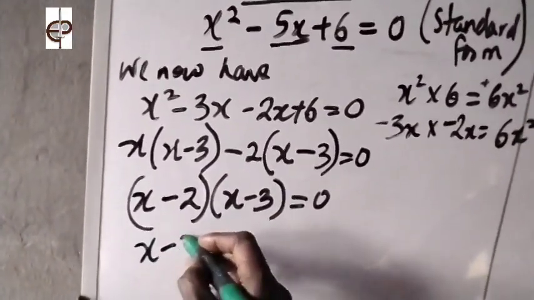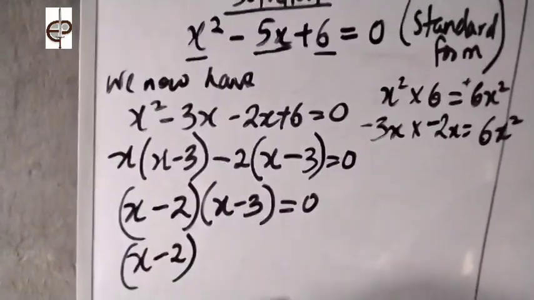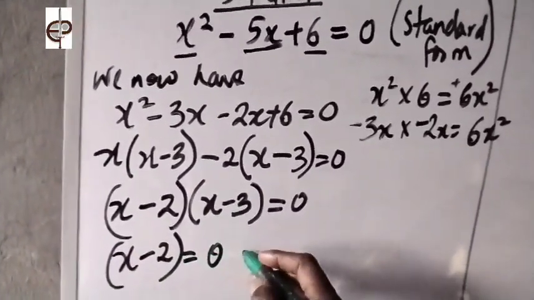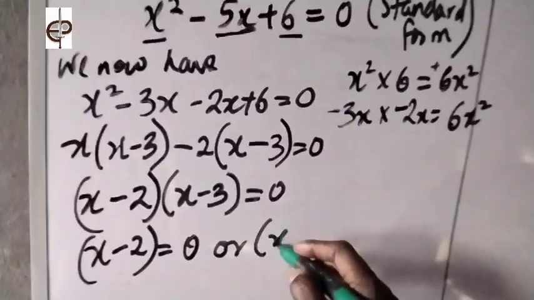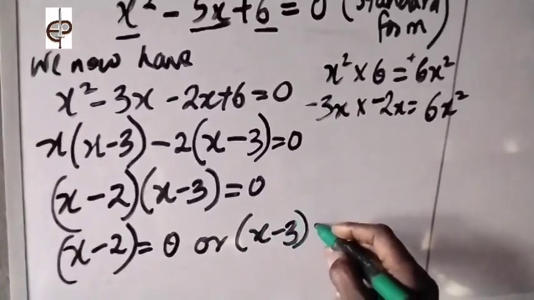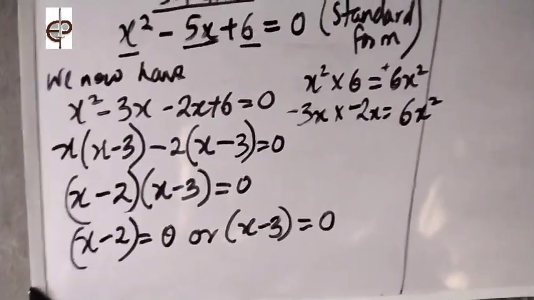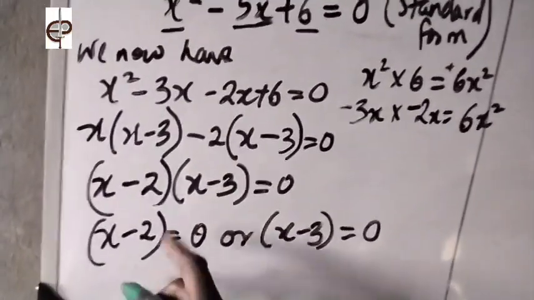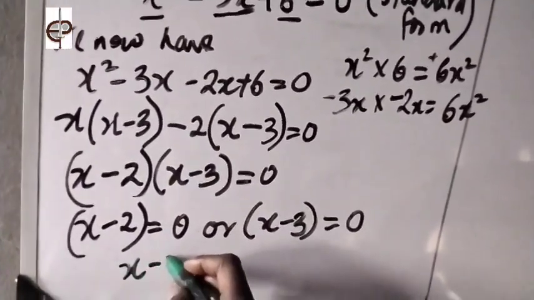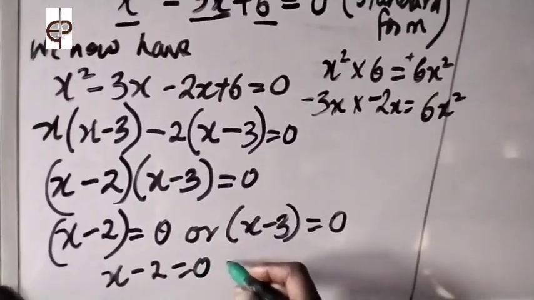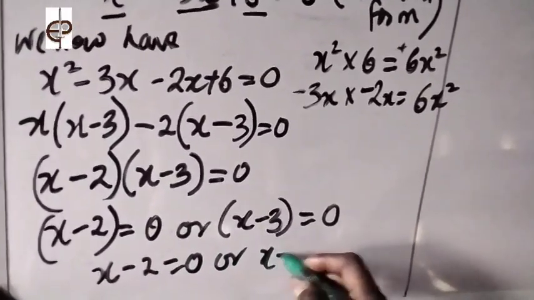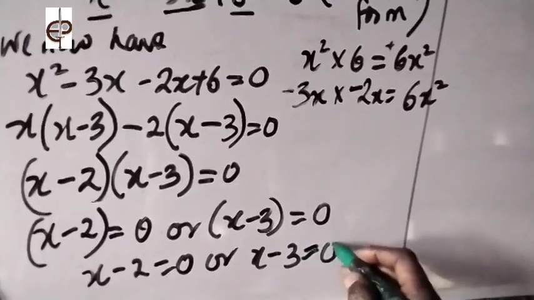So we will explain it as x minus 2 is equal to 0, or x minus 3 is equal to 0 for both products to be equal to 0. And if that is the case, then x minus 2 is equal to 0, or x minus 3 is equal to 0.